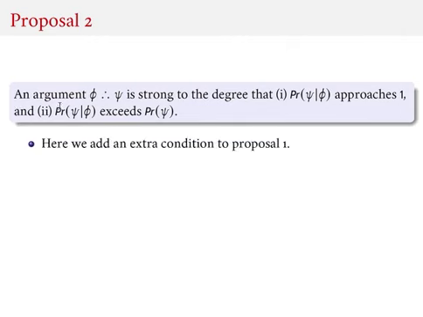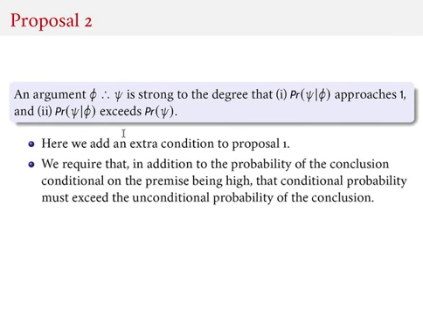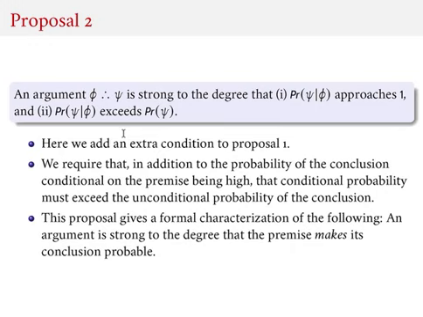So here we simply add this second condition to our first proposal. And we require that, in addition to the probability of the conclusion conditional on the premise being high, that conditional probability must also exceed the unconditional probability of the conclusion.